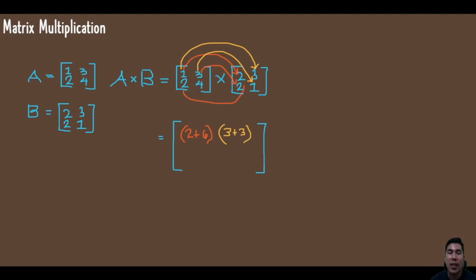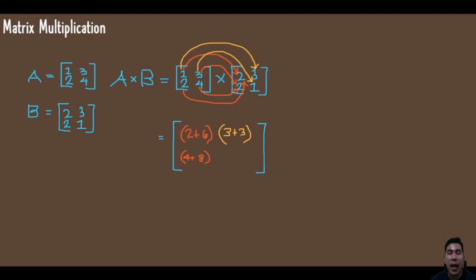And the next row would be 2 and 4, and then we're going to multiply it to each of the columns in the second matrix. So 2 by 2 is 4, okay, and then 4 times 2 is actually 8.